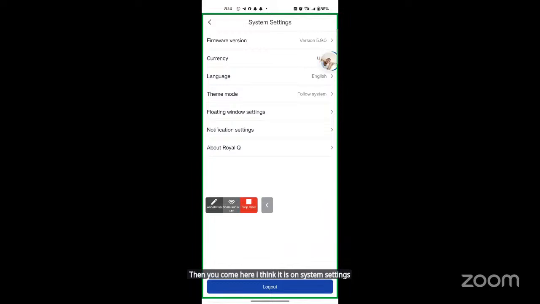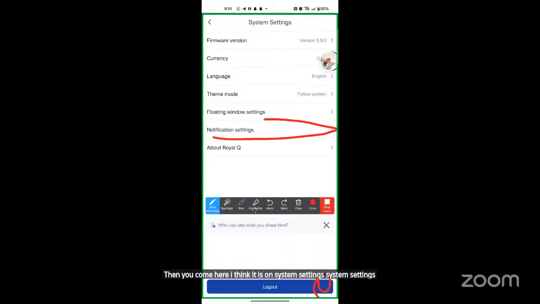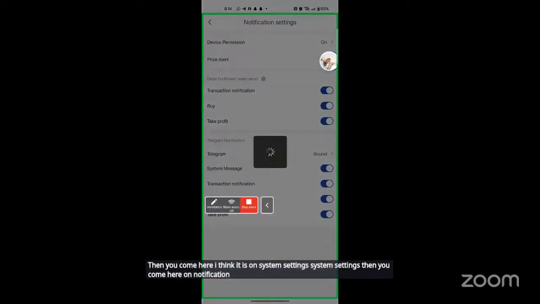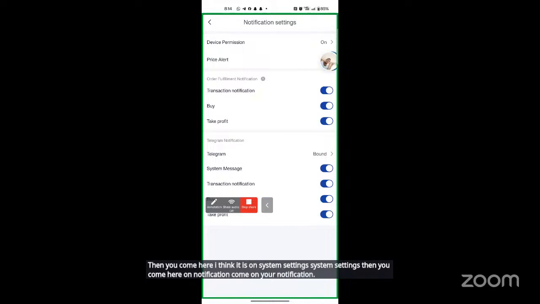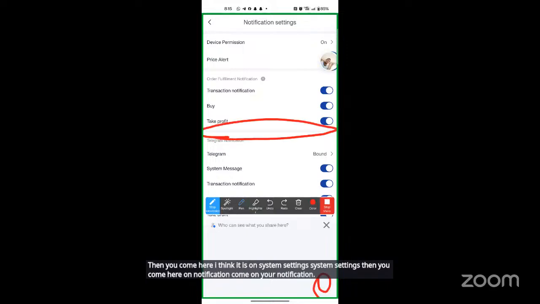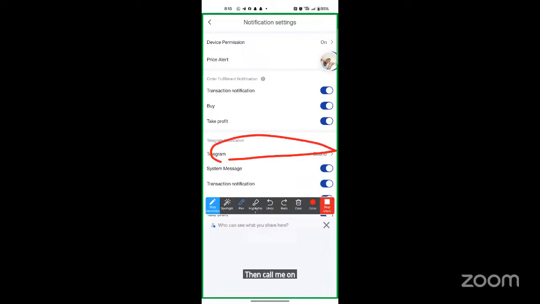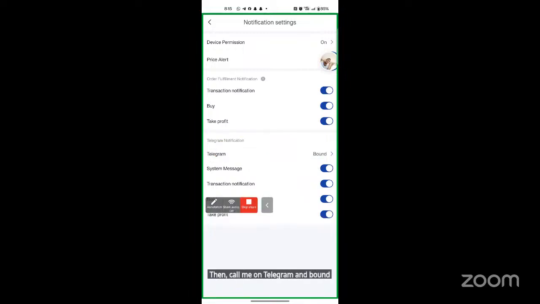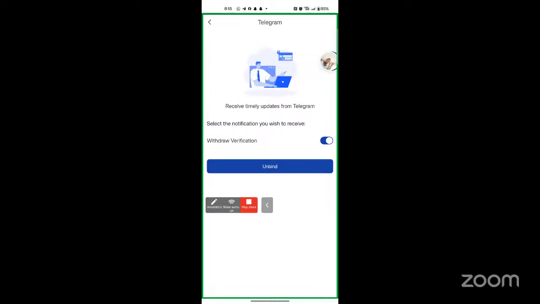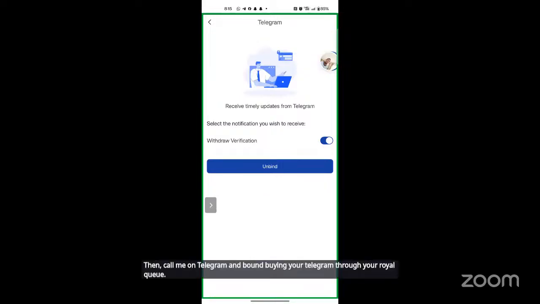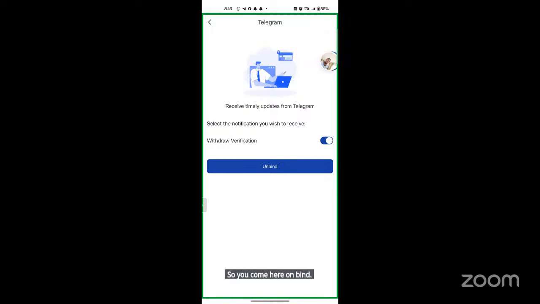Then you come here on notification. Then come here on Telegram and bind your Telegram to your Royal Q. So you come here on bind. Let me unbind.